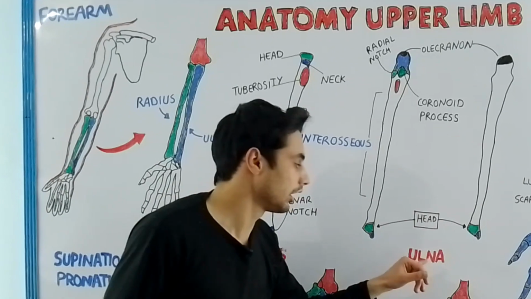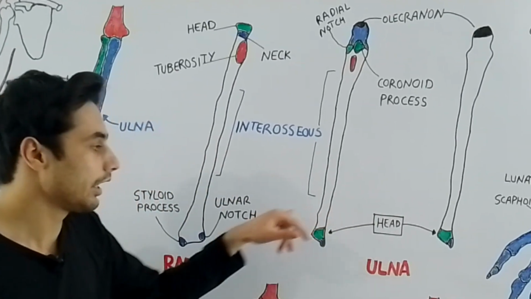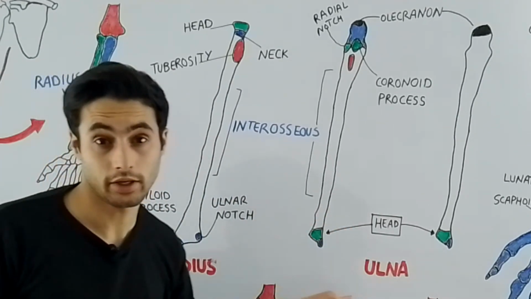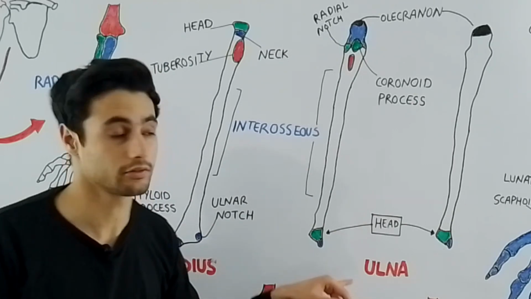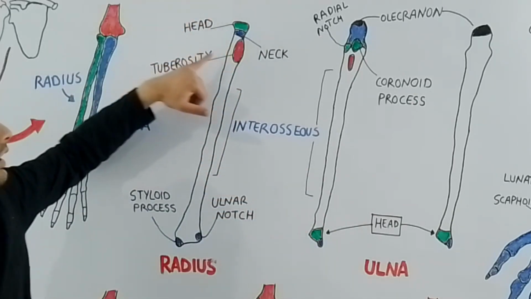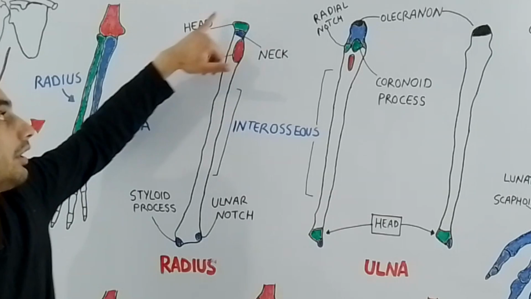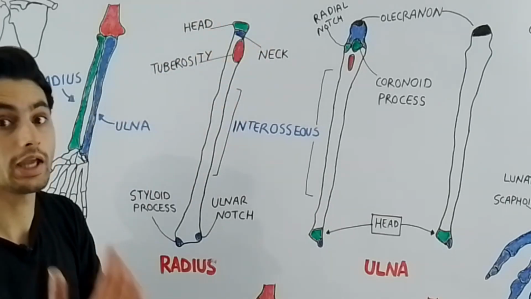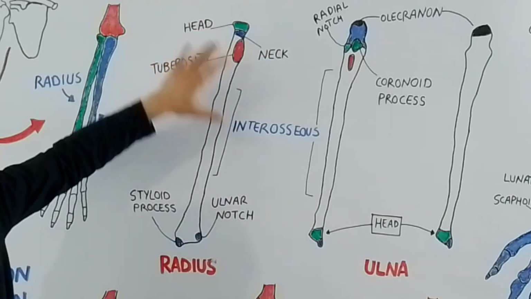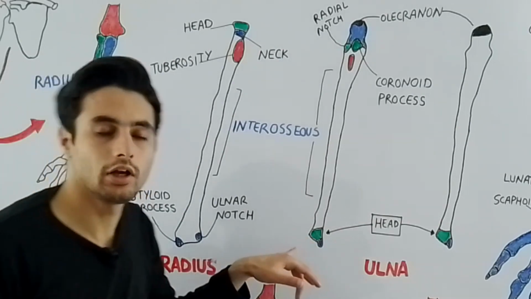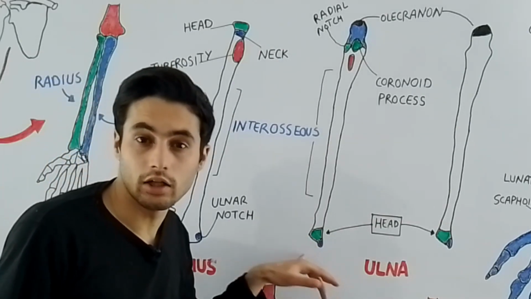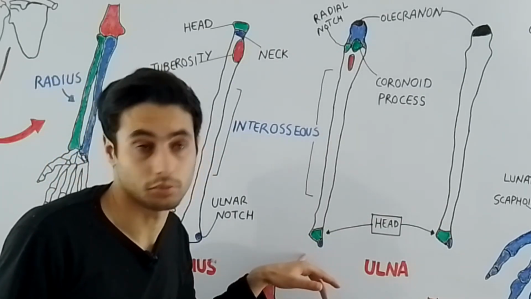Now, have a look at the ulnar bone. Remember, the head of the ulnar bone is present close to the wrist joint, and the head of the radius bone is present close to the elbow joint. So these are opposite. The head will articulate with the ulnar notch of the radius bone.